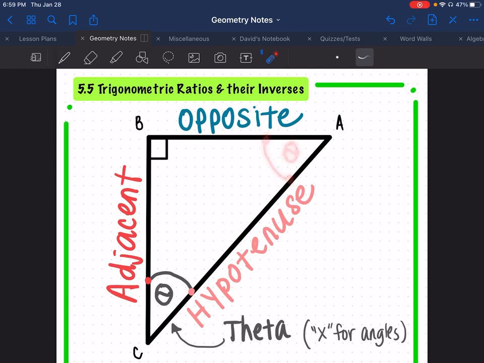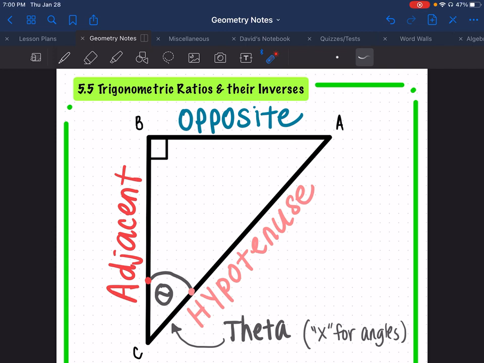That means that these two words are going to switch. And so this will become the opposite side, and this would become the adjacent side. Okay? So they are not stagnant. They don't stay there forever like they do in the special right triangles. They can move back and forth.